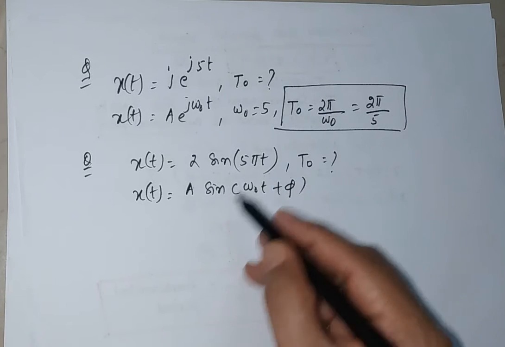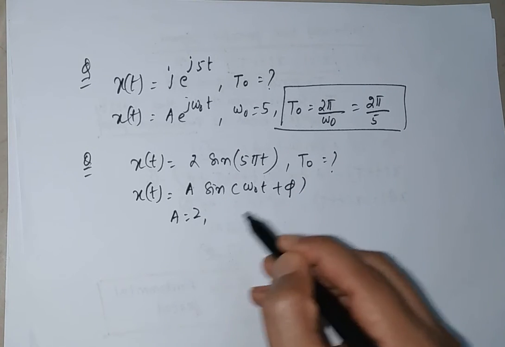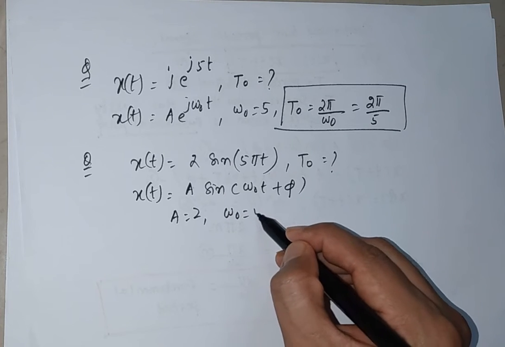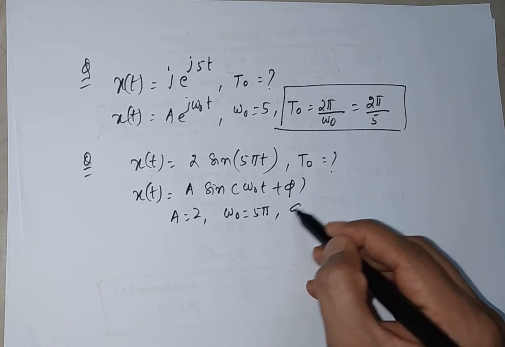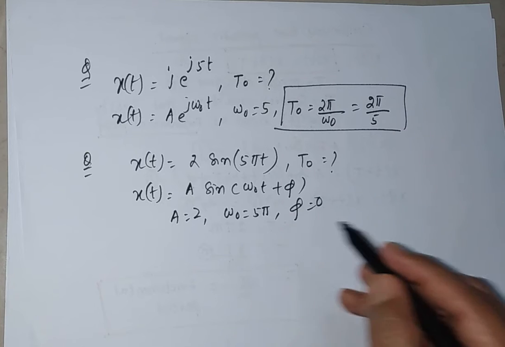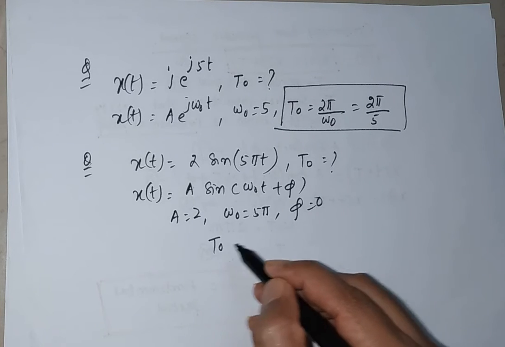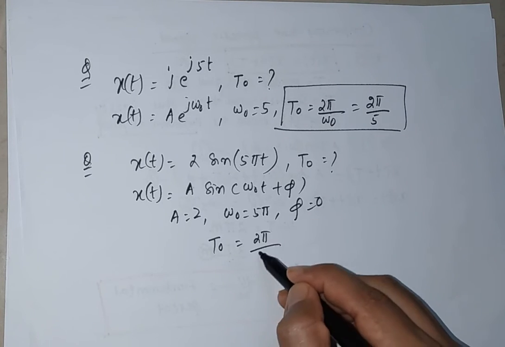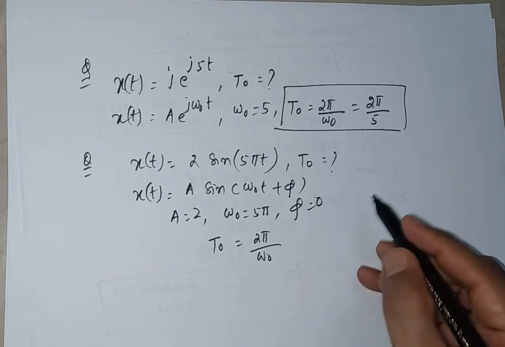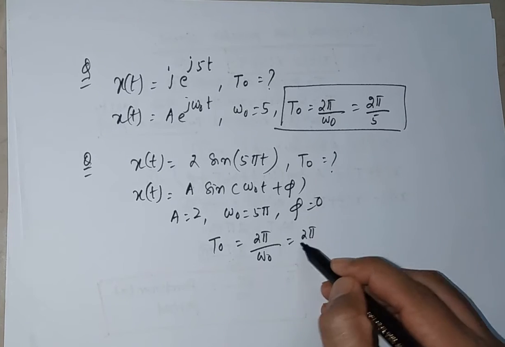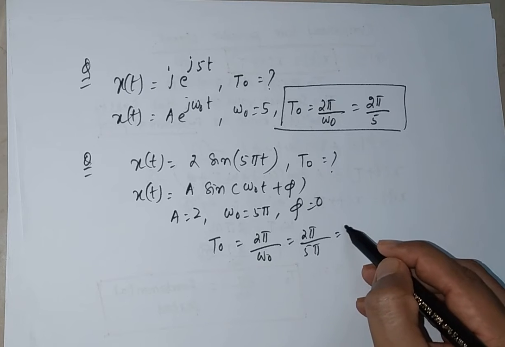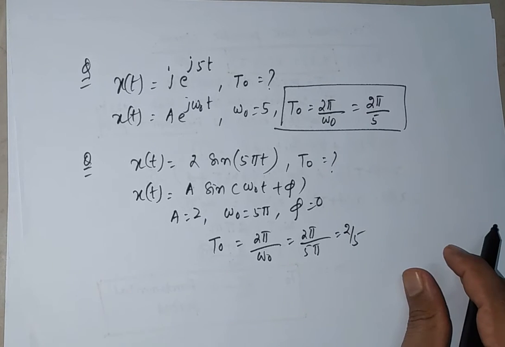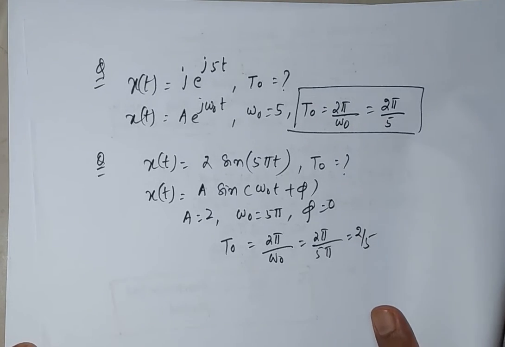If you compare these two equations, then A equals 2, omega 0 is 5 pi, and phi equals 0. Then the fundamental period t0 equals 2 pi by omega 0, that is 2 pi by 5 pi equals 2 by 5. Let's solve some more problems.